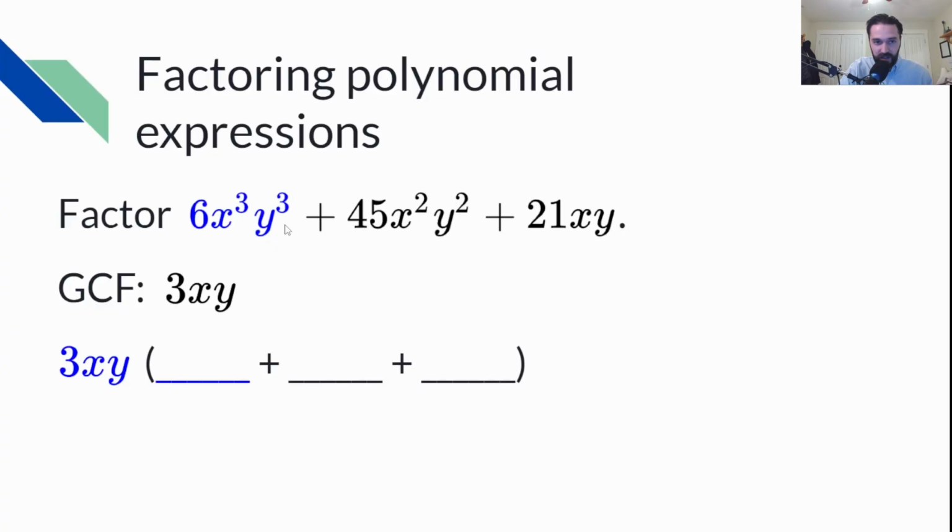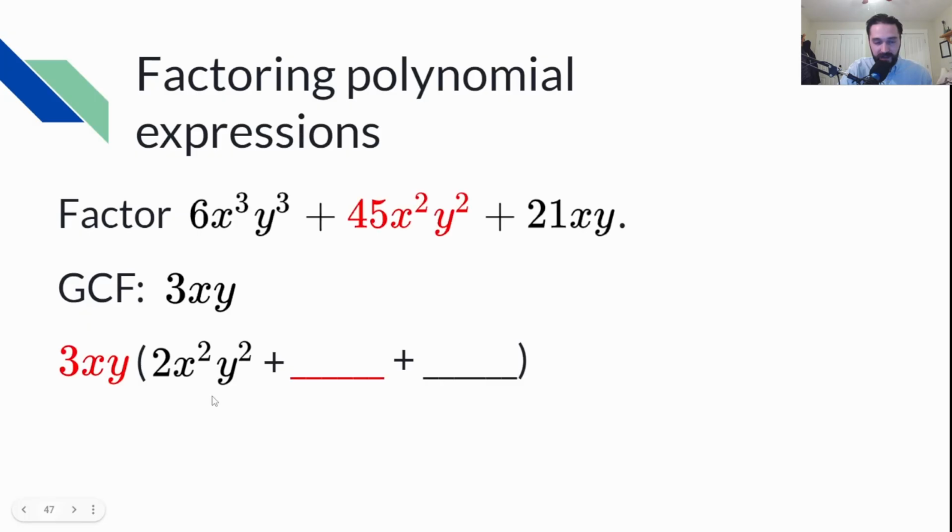The answer is 2x squared y squared. Next, we ask 3xy times what equals this? And the answer is 15xy. Lastly, we ask 3xy times what equals 21xy? And the answer is 7.